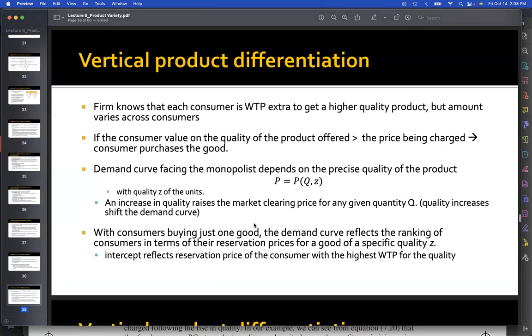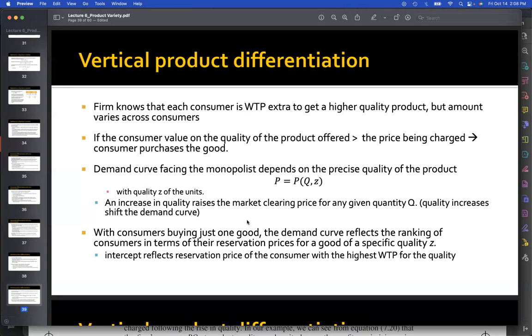The firm knows that each consumer is willing to pay extra to get a higher quality product, but the amount can vary. If the consumer's value for the quality of the product offered is greater than the price being charged, the consumer purchases the good. That's just another way of saying if the willingness to pay is higher than the price charged, then the consumer purchases the good.